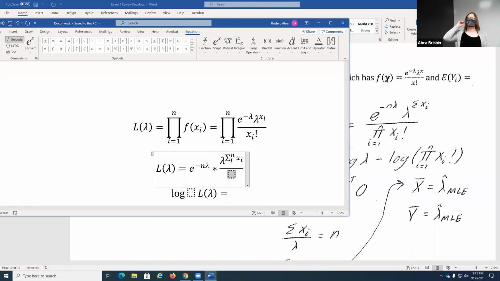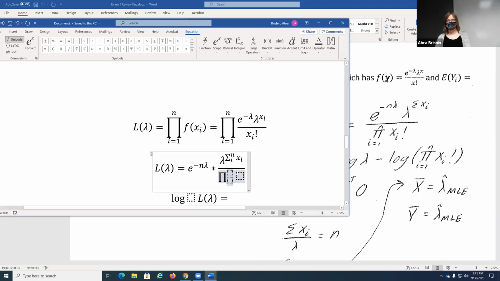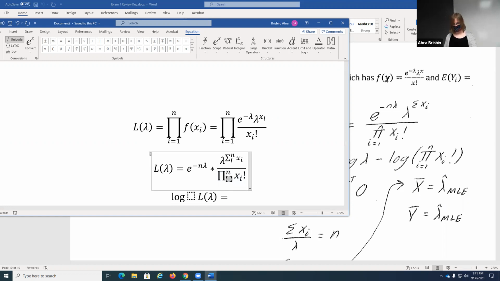And then we're dividing by the repeated product of these x sub i's. So we can push that product notation into the denominator here. So we have the product of the x sub i's factorial.